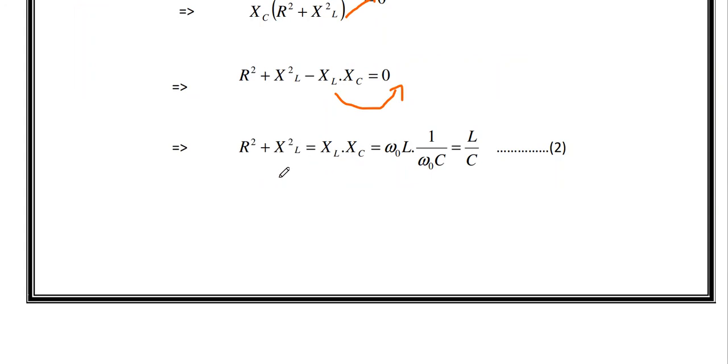Now substitute the value of XL and XC. The reactance of the inductor is omega naught L, and the reactance of the capacitor is 1 by omega naught C. So XL XC is omega naught L into 1 by omega naught C. Here omega naught cancels, so the answer is L by C. So R squared plus XL squared is equal to L by C. Consider this equation number 2.